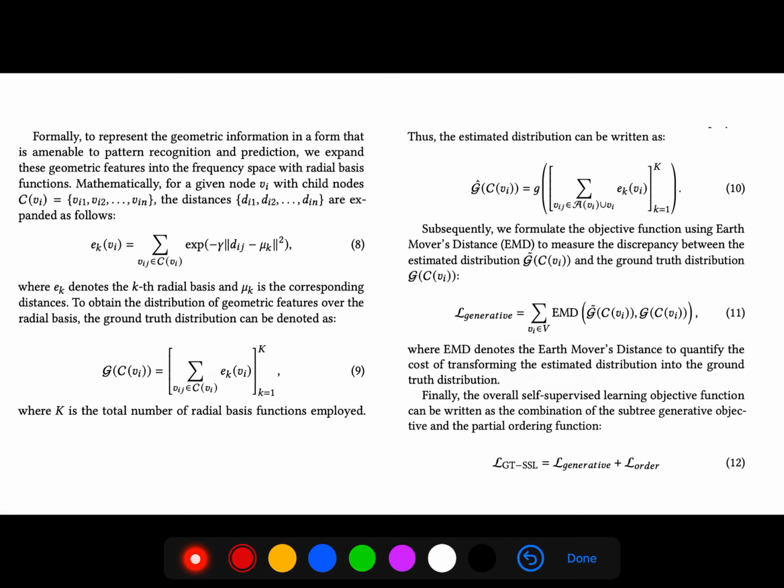To represent geometric information in a form that is learnable for pattern recognition, we expand these features into frequency space with radial basis functions. So for a given node v sub i with child nodes, distances are expanded like this. E sub k is just the kth radial basis, and mu sub k is the corresponding distance.